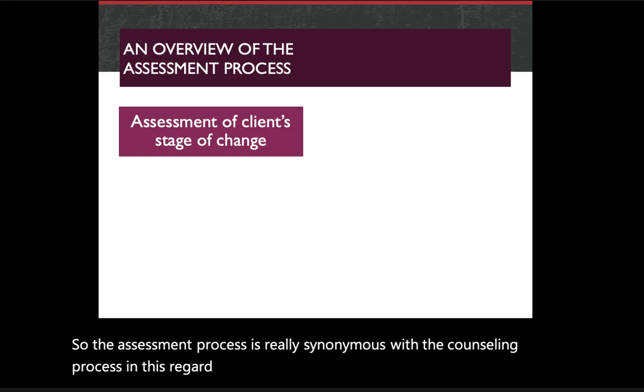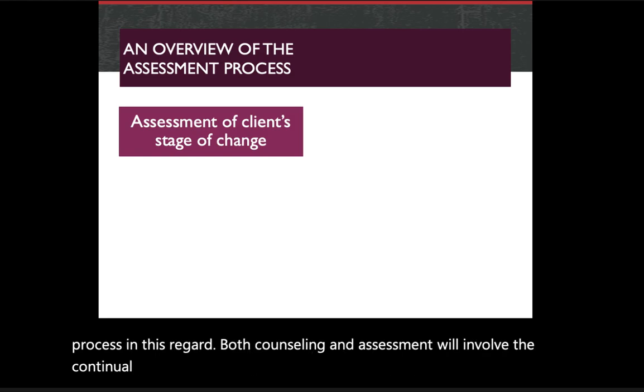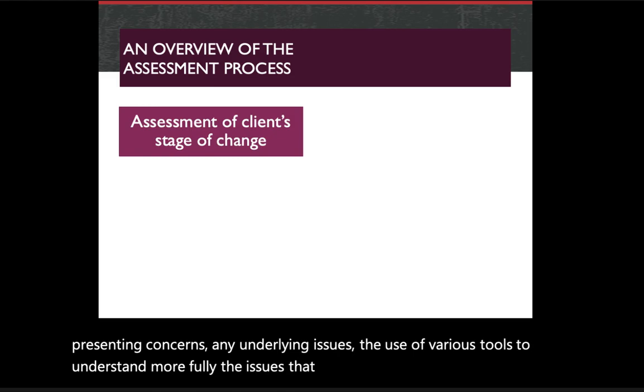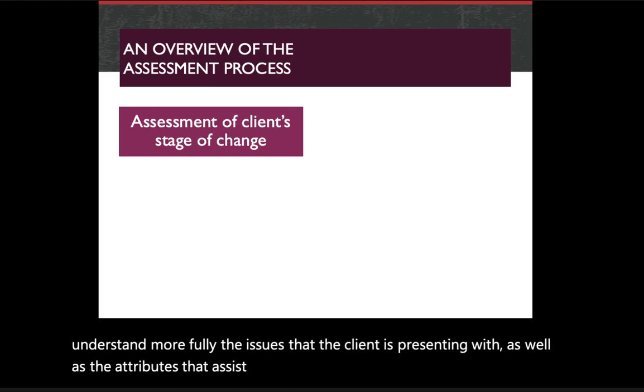Both counseling and assessment involve continual dialogue between the counselors and the clients about their presenting concerns, any underlying issues, the use of various tools to understand more fully the issues that the client is presenting with, as well as the attributes that assist the client in addressing those issues.